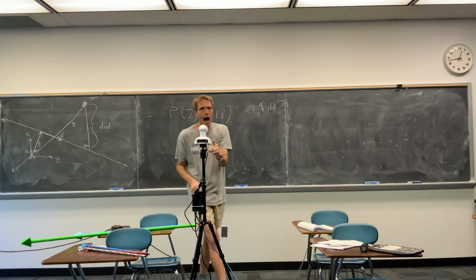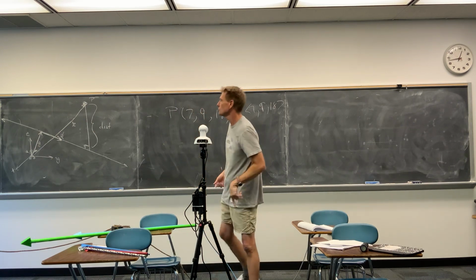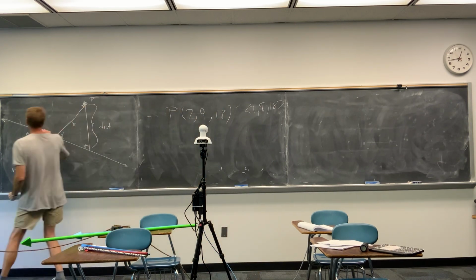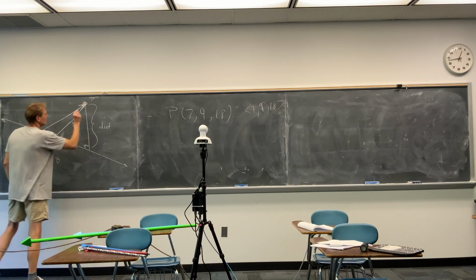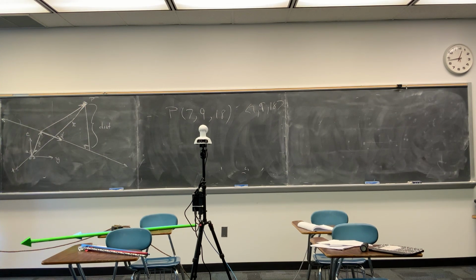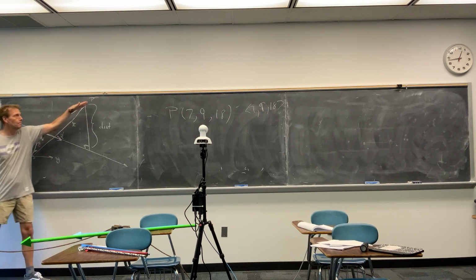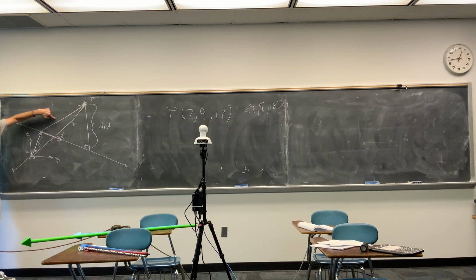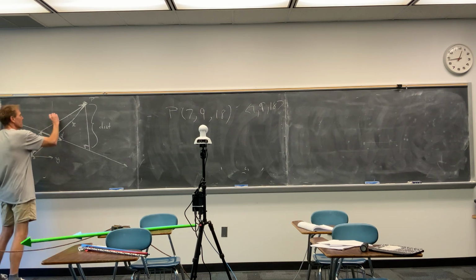Ten minutes from now, somebody would draw this vector. What's that vector? If this is A and this is B, what's that vector? B minus A. So mark it as B minus A.